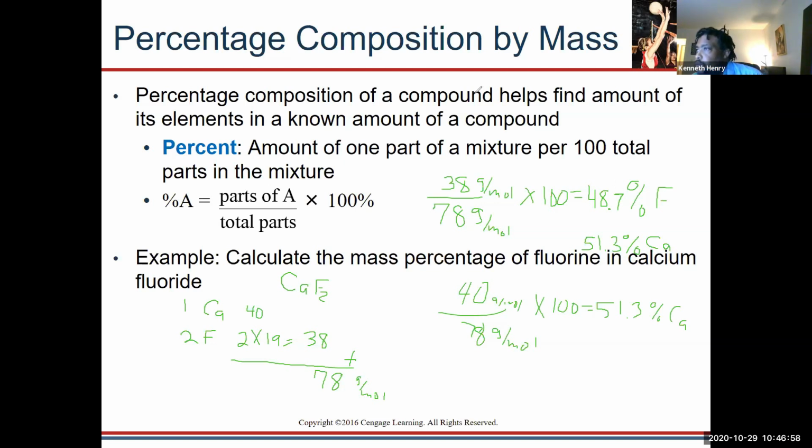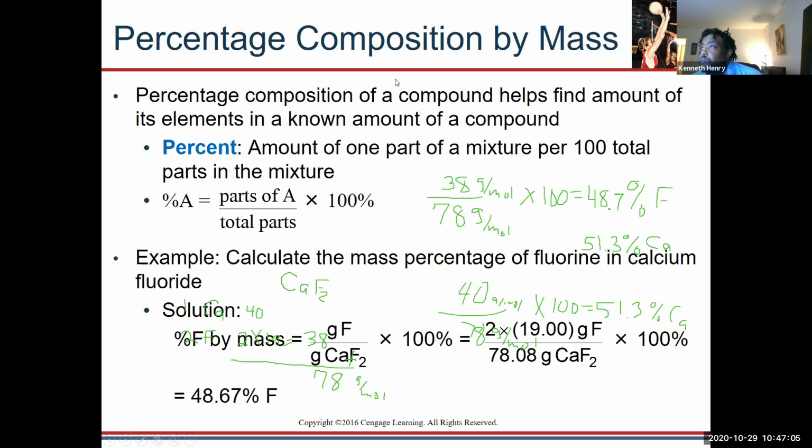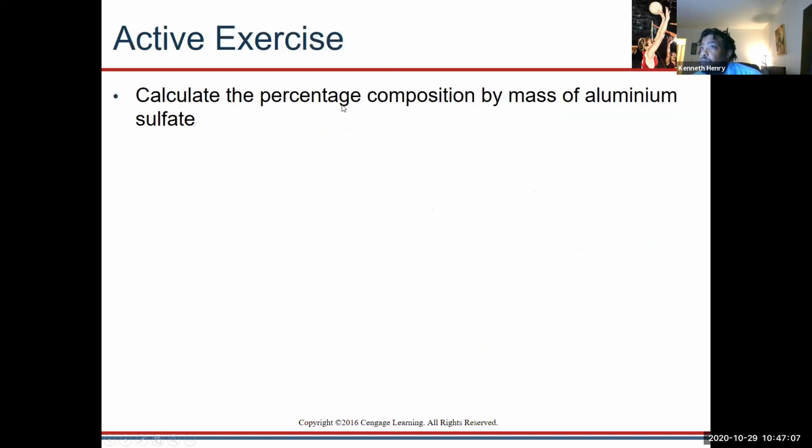Okay, let's calculate the percent composition by mass of aluminum sulfate.